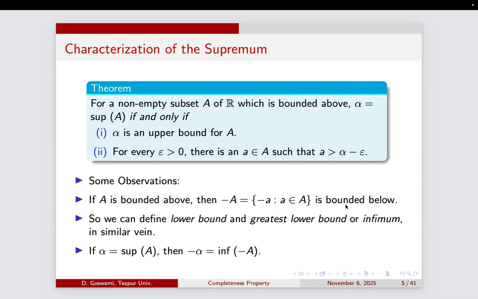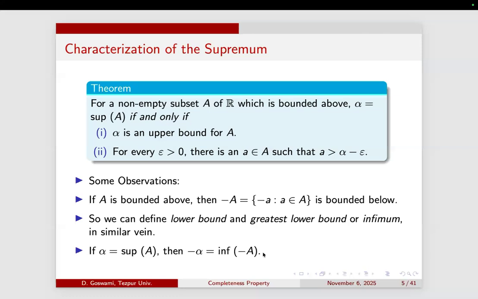So a bounded below set means I can talk about lower bound and greatest lower bound, or infimum. In fact, it is easy to verify that if alpha is a supremum of A, then minus alpha is the infimum of minus A. So the very existence of supremum also guarantees the existence of infimum.